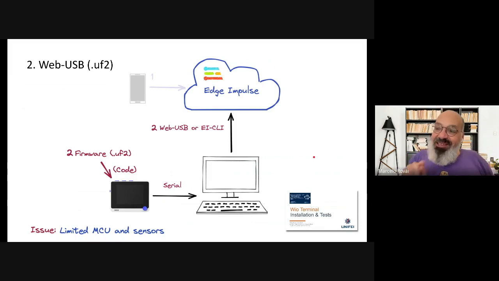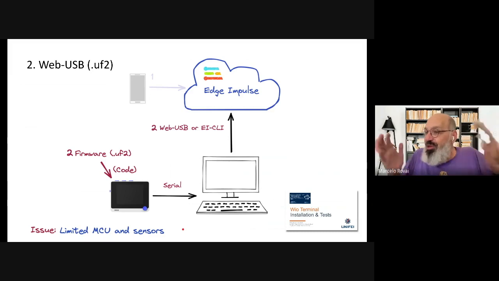It's important to call your attention to one thing with those kinds of devices that are officially supported. The first issue is that, of the hundreds or thousands of different microcontrollers in the market, Edge Impulse officially supports, let's say, 20 different types.